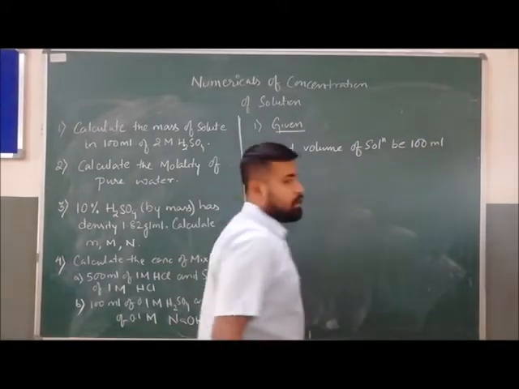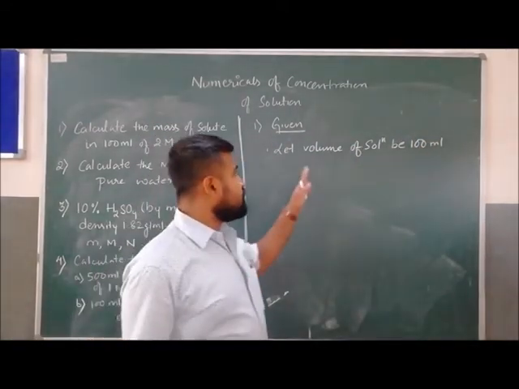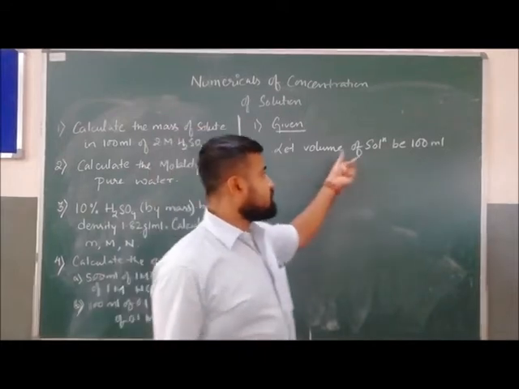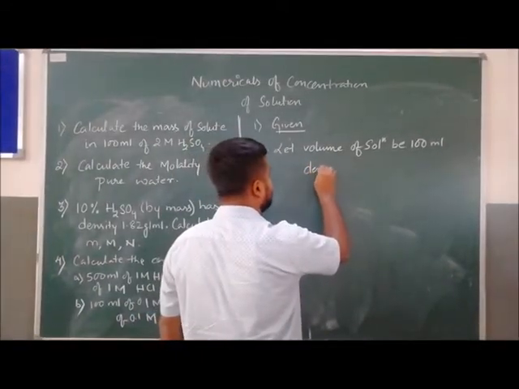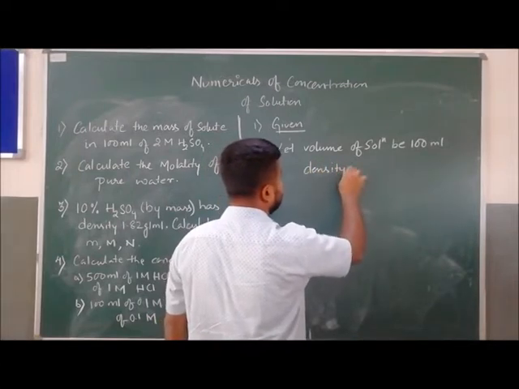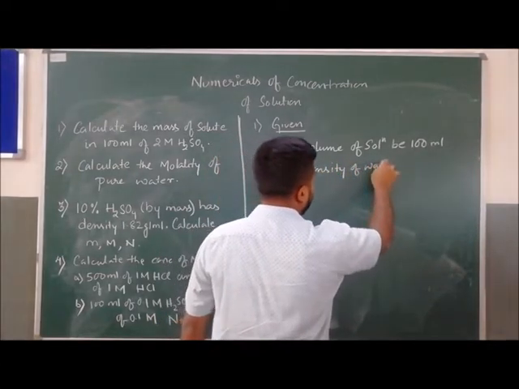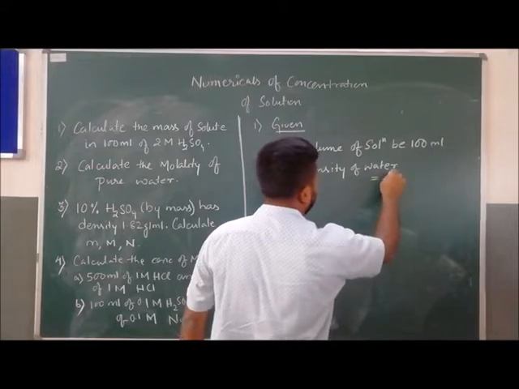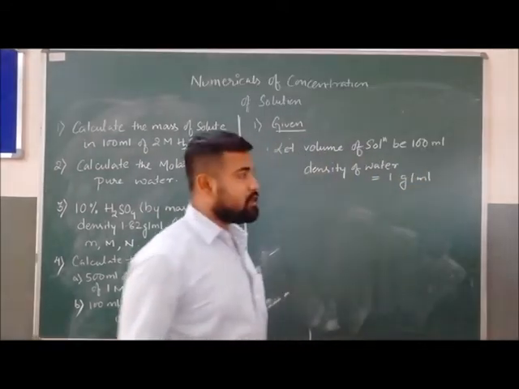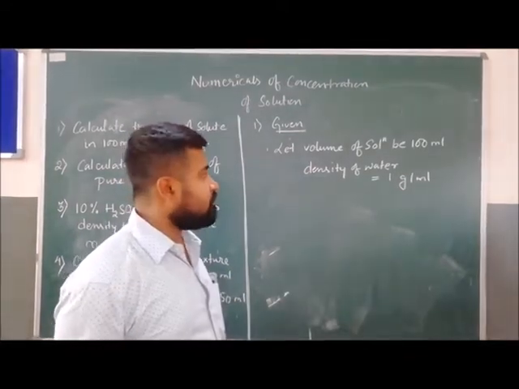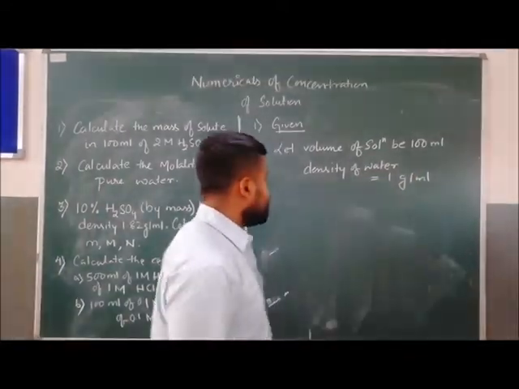We will assume the volume of the solution as 100 ml. We know that the density of water is equal to 1 gram per ml, approximately.